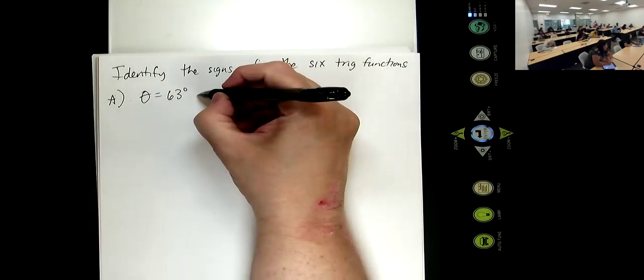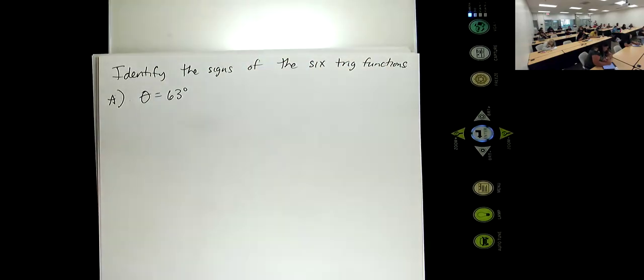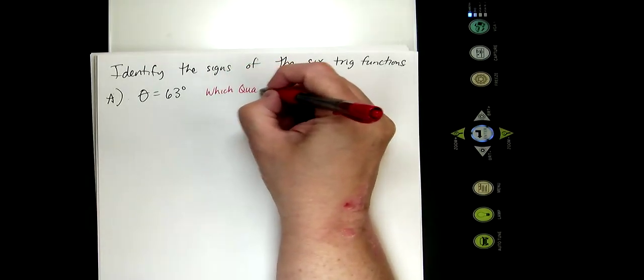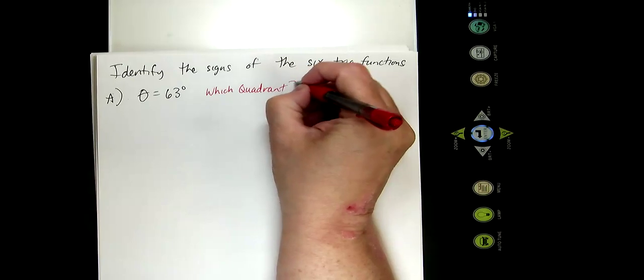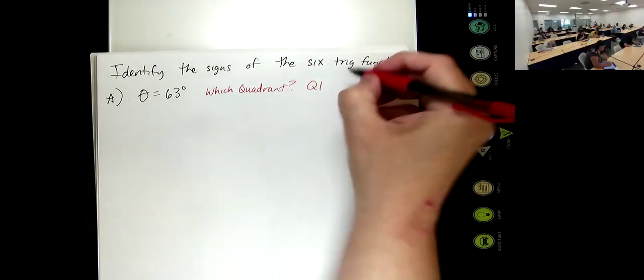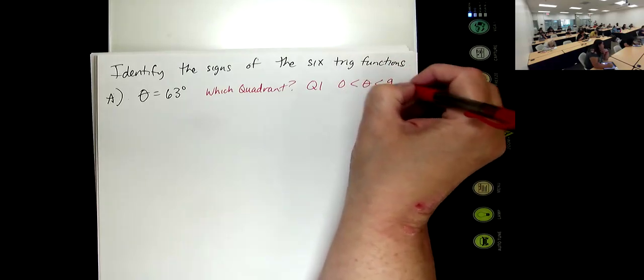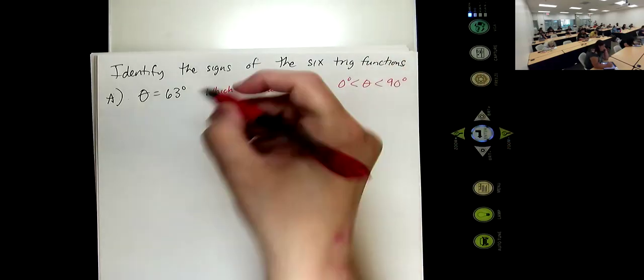Which quadrant is this? This is in quadrant 1, right? Remember, quadrant 1 is between 0 and 90. So this is quadrant 1.